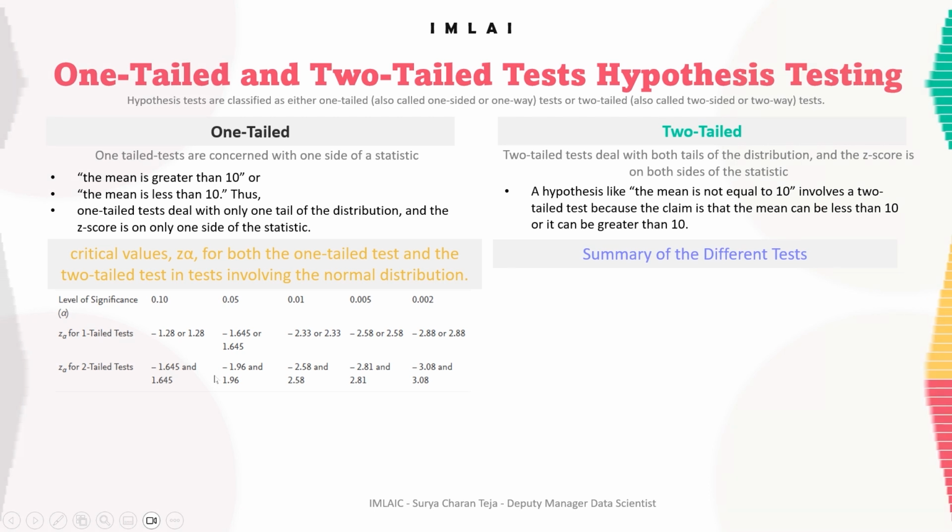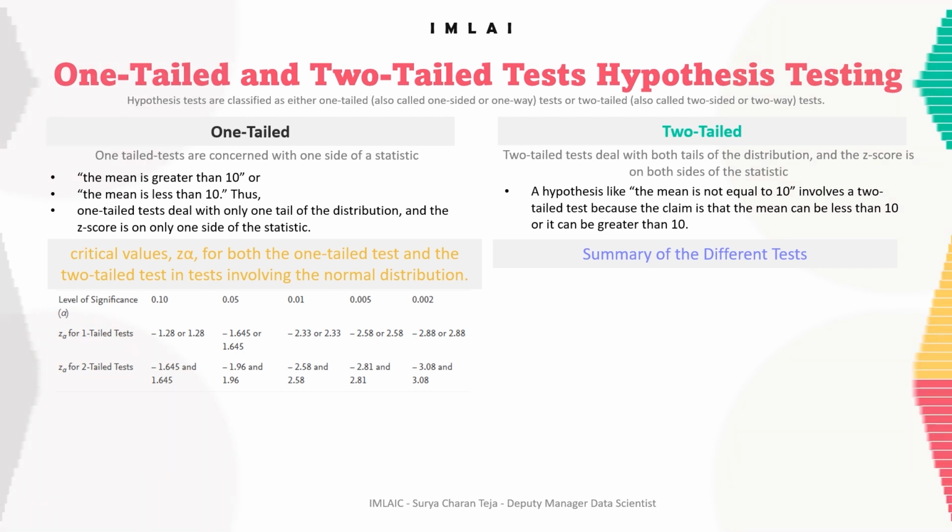Then we have two-tailed tests. As we have discussed earlier, one-tailed tests deal with only one tail of the distribution. But when it comes to a two-tailed test, it deals with both tails of the distribution, and that's what you see on the screen here. If you take 5 percent level of significance, it's left of minus 1.96 and right of 1.96.